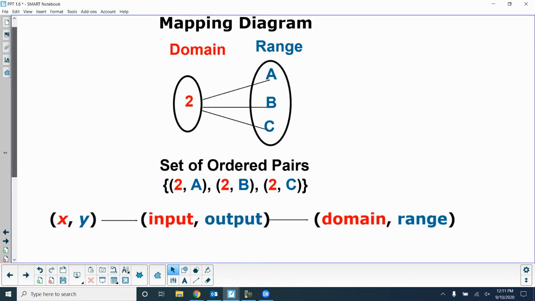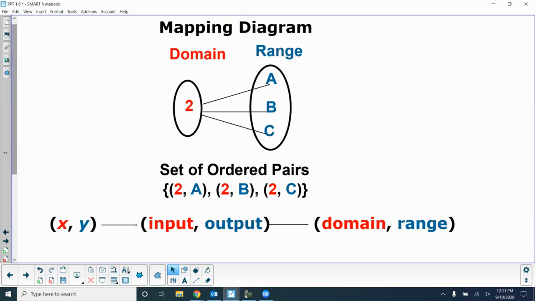So, this is called a mapping diagram. The domain of this mapping diagram is 2. It's only got one number. And the range is A, B, and C. So the relation is this set of ordered pairs.